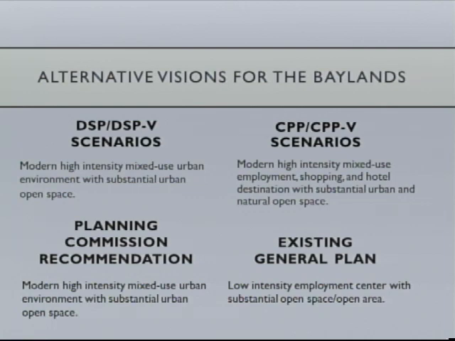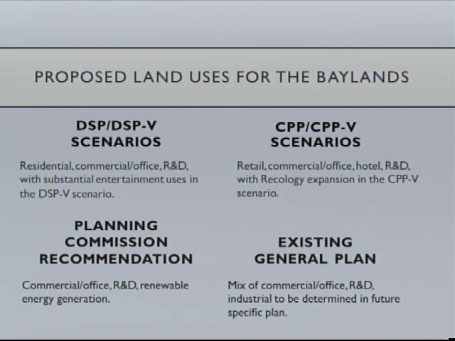The Planning Commission recommendation is for a lower intensity, still relatively high compared to what's on the Baylands today, but an urban environment with open space. And then the existing general plan is a low employment density employment center.